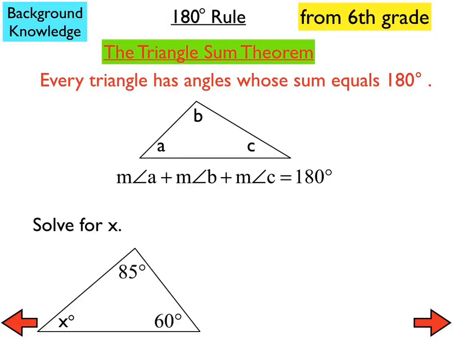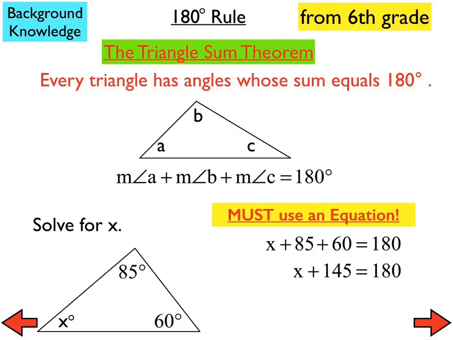So in this example, we have x degrees, 85 degrees, and 60 degrees. They have to equal all three of them together to equal 180. So x plus 85 plus 60 equals 180. Are you able to solve for x? Can you tell me what the missing angle would be? Good. x plus 145, subtract 145, you would get x equals 35.